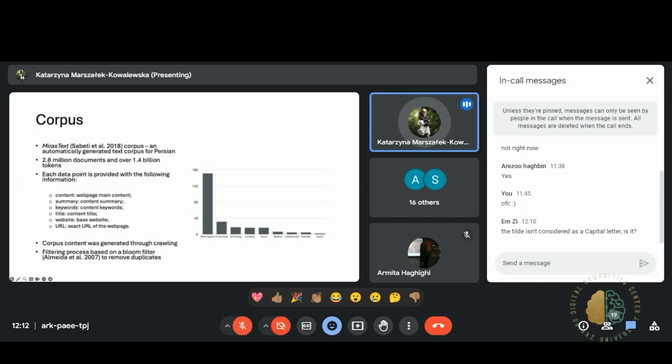And what I'm going to talk to you about is the experiment I conducted some time ago, okay? It was an experiment whose main purpose was to discover multi-word expressions in Persian for a specific number of words.